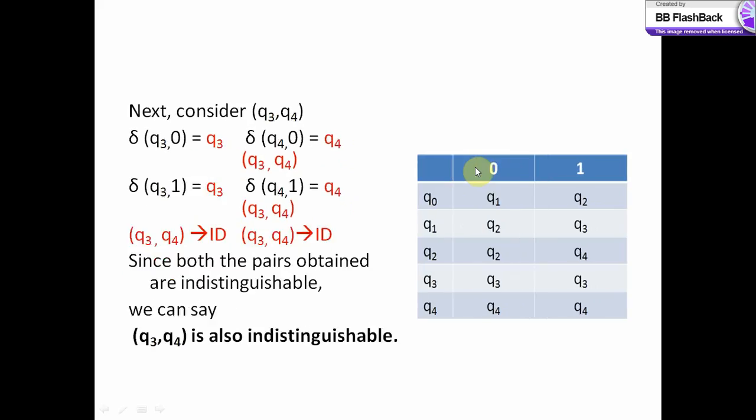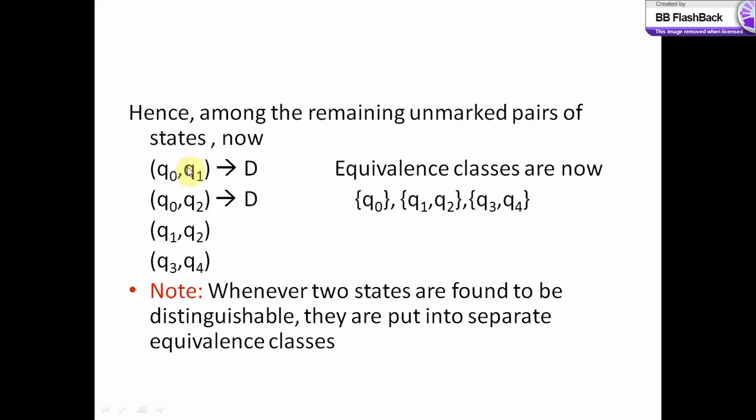So now, since we have identified Q0 and Q1 as distinguishable, these two cannot be together in a single class. So these two have to be separated. Taking Q0 out from this class and putting it into a separate class, we get Q0 in a separate class, Q1, Q2 in a separate class and Q3, Q4 in another class.